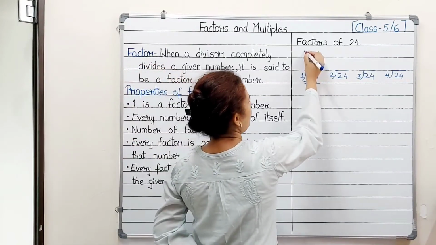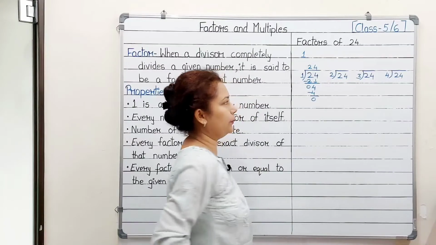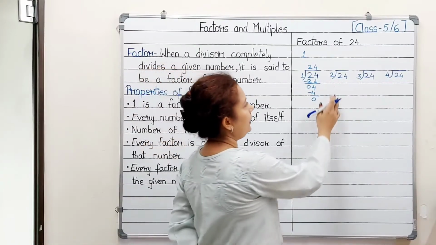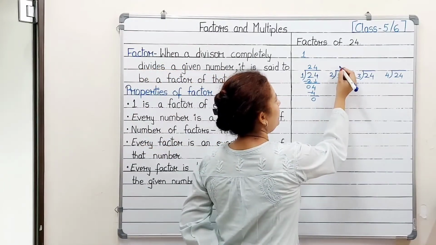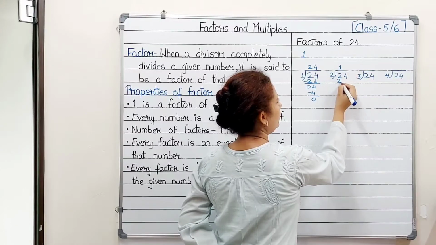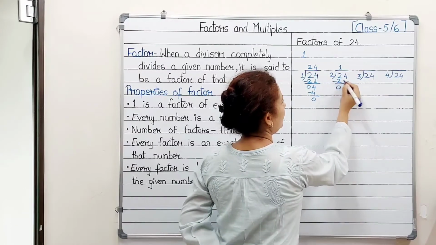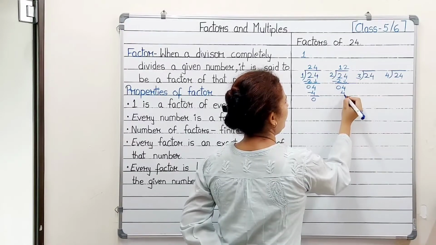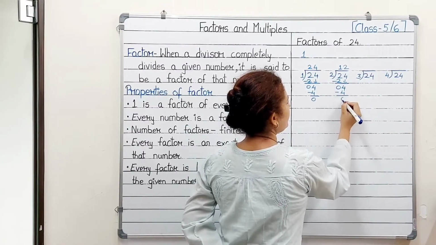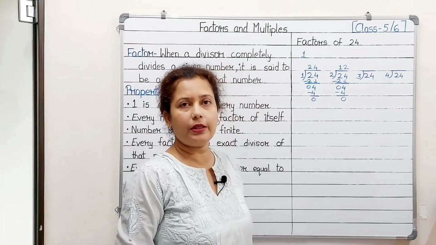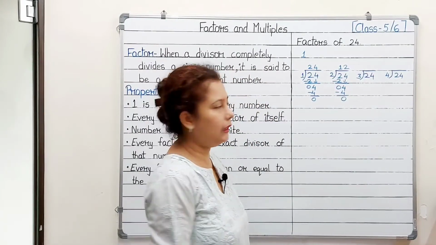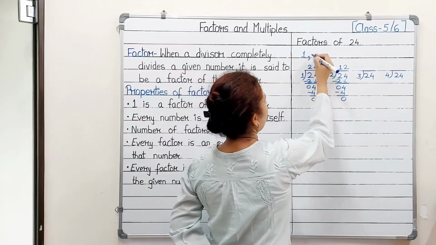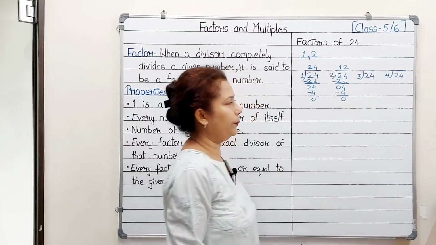So 1 is a factor of 24. Next we will divide it by 2. 2 into 1 is 2. 4 will come down. 2 into 2 is 4. So 0. So 2 also divides 24 completely. So 2 is also a factor of 24.